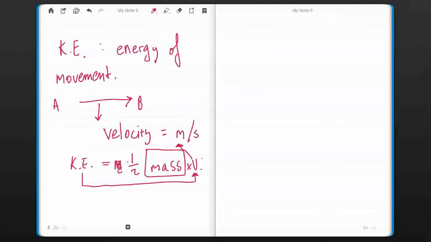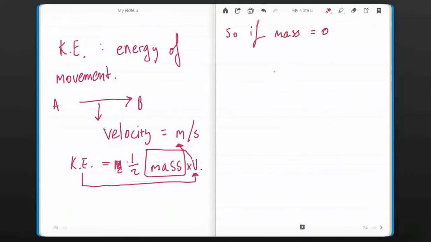This also points out that if the thing doesn't have any mass, so if mass equals 0 kilos, because that's the units we use for mass, times 1,000 meters per second for velocity, so this is mass times velocity times half.